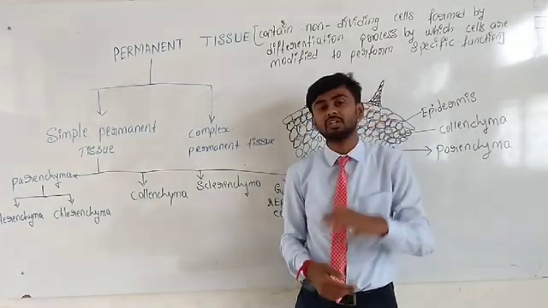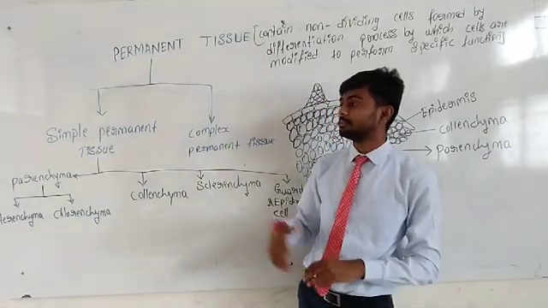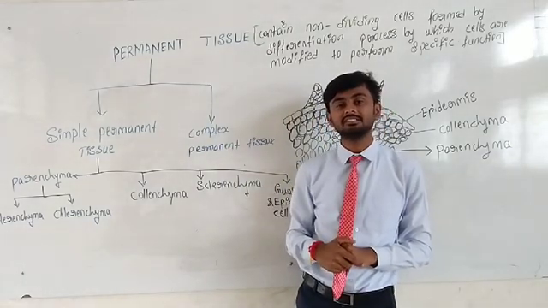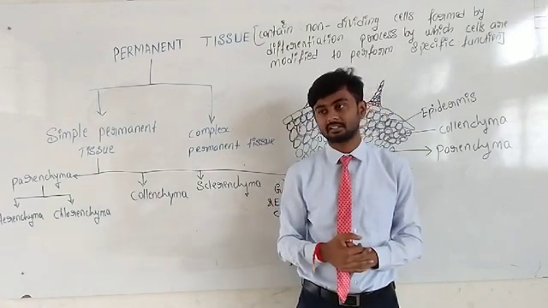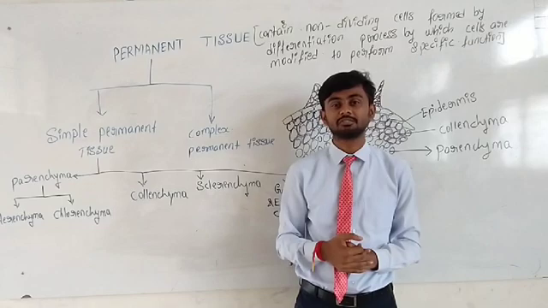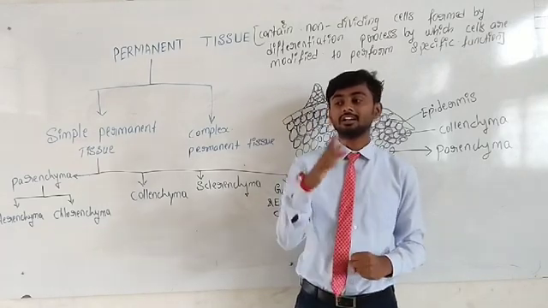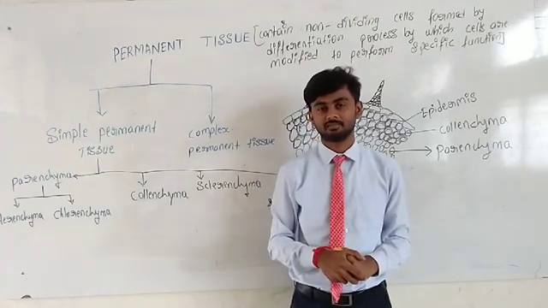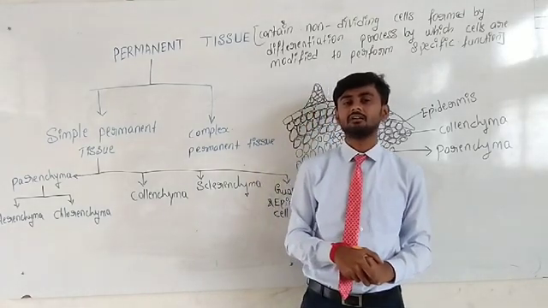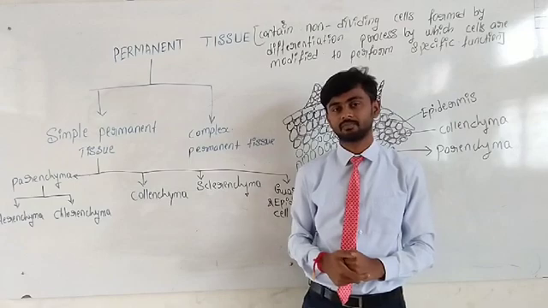Within 5 minutes, I can give that one. Meristematic tissues have a special character, that is cell dividing capacity. The meristematic tissues are responsible for the growth of plant bodies. They are present in the growing regions.